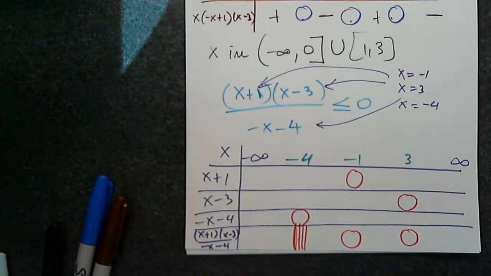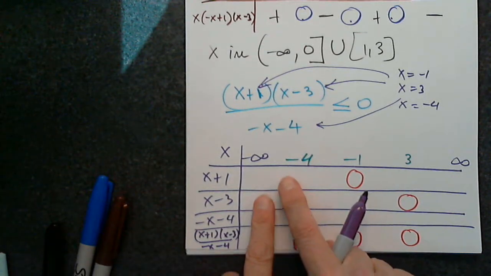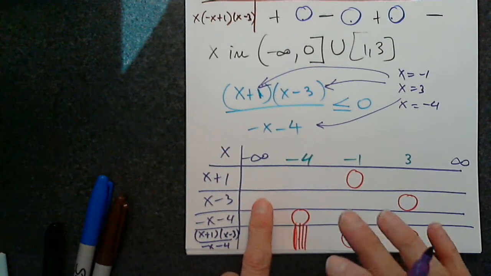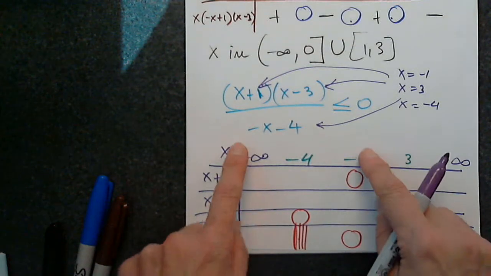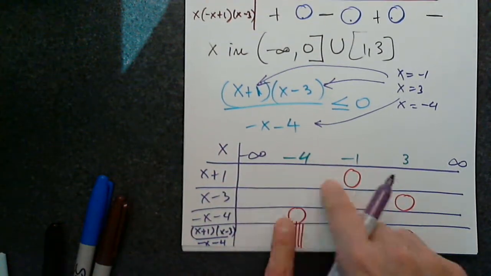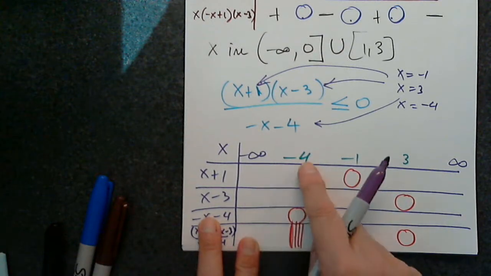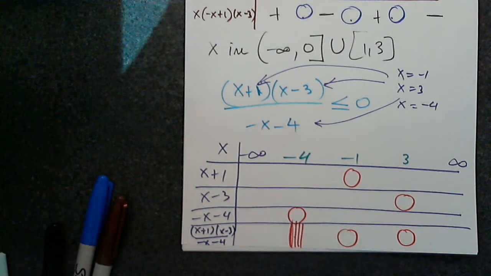Yes, it's at the top. Perfect. The signs for x plus 1, please. If you have any doubts, plug in a number. Find a number between these two and plug it in, and you'll see the sign. So, negative 4 minus 1, it looks like this. It's a positive slope.